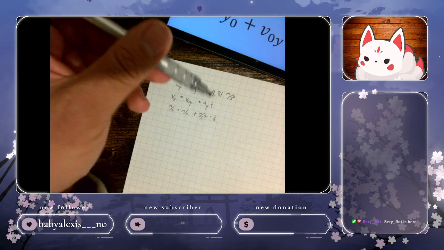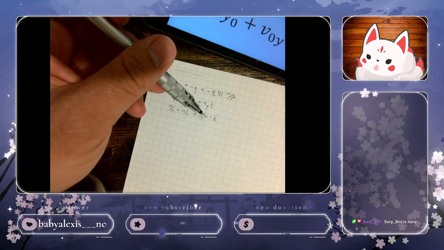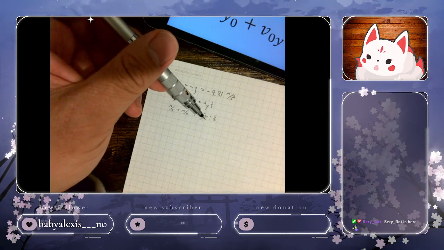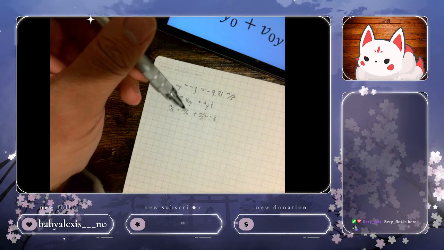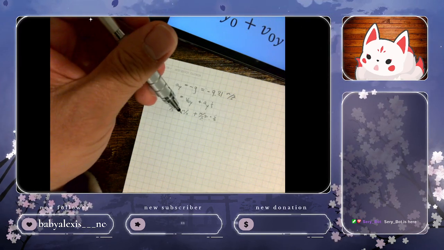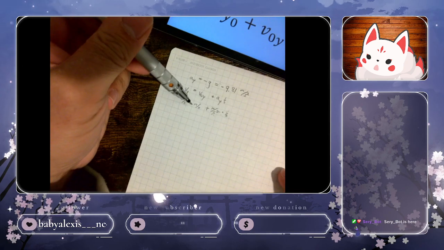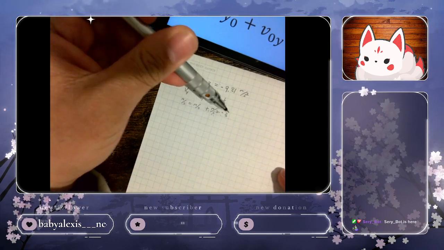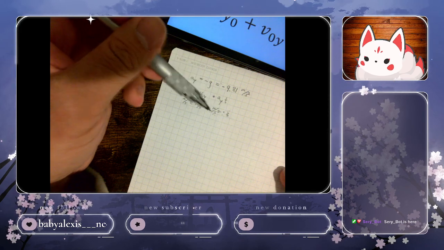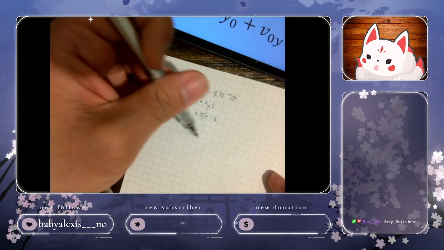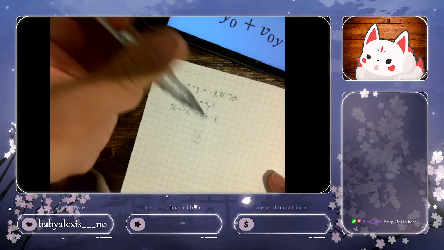Like at 1 second the velocity is negative 9.81, and then at 2 it'd be double. Say this was 20 initially, so we'd have 20 plus a negative number, and that negative number gets bigger over time, and that'll keep happening till it finally hits the ground and can't move down anymore.